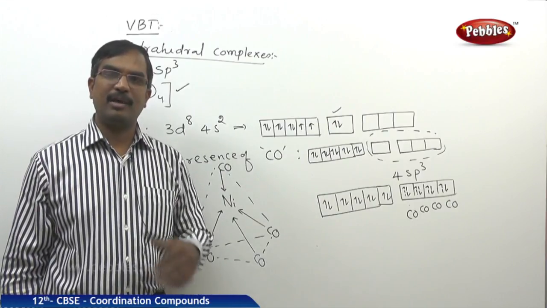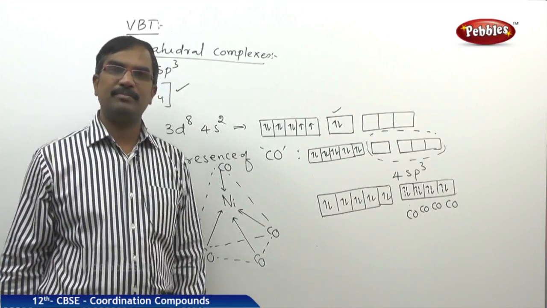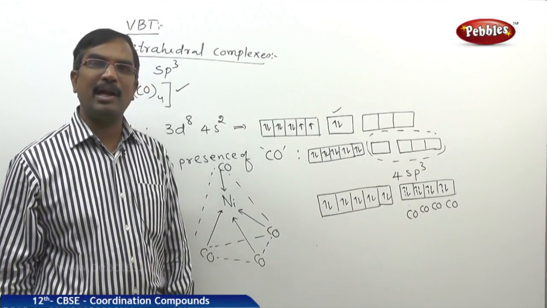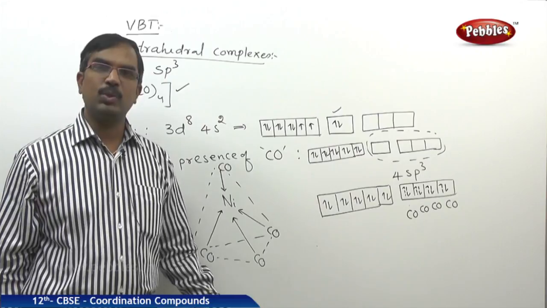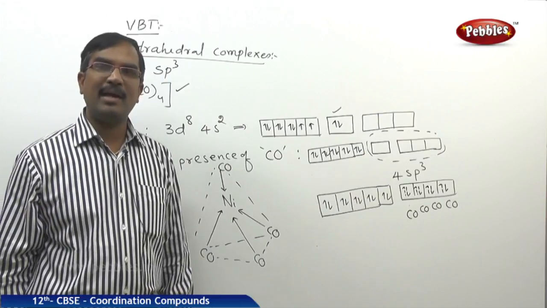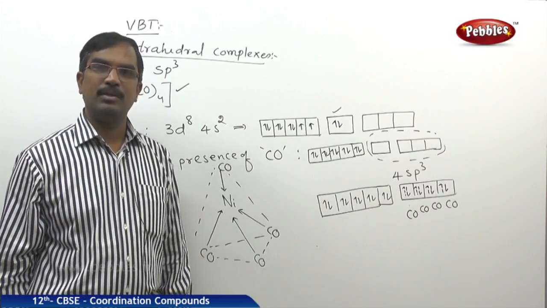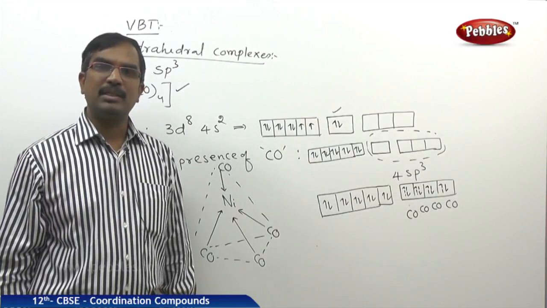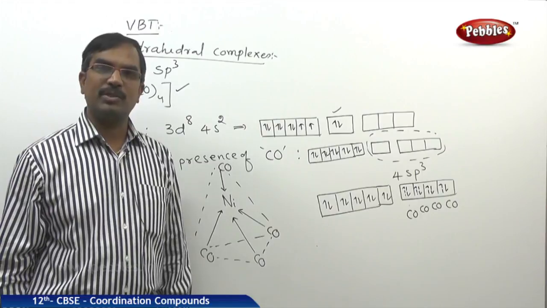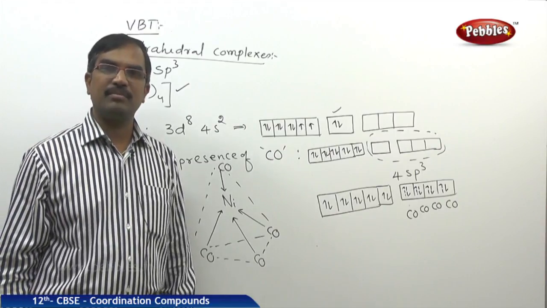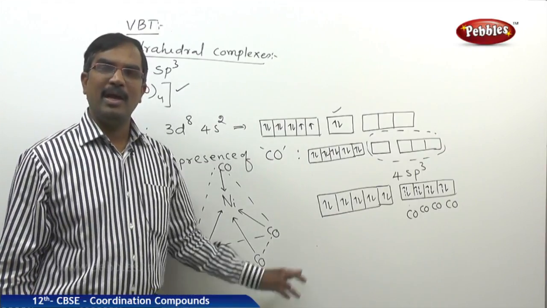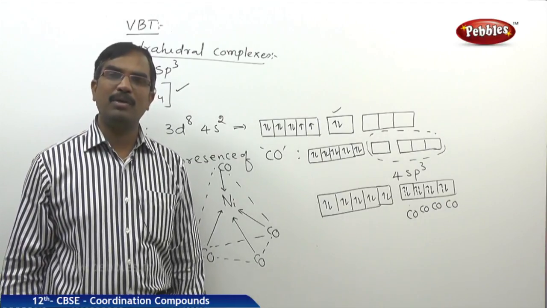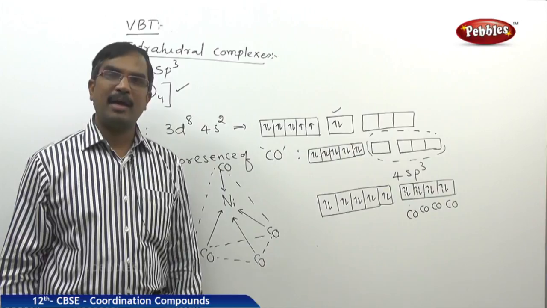When we talk about magnetic properties, the complexes or compounds having unpaired electrons show paramagnetic property. Whenever the electrons are completely paired in the complex or compound, they show diamagnetic property.